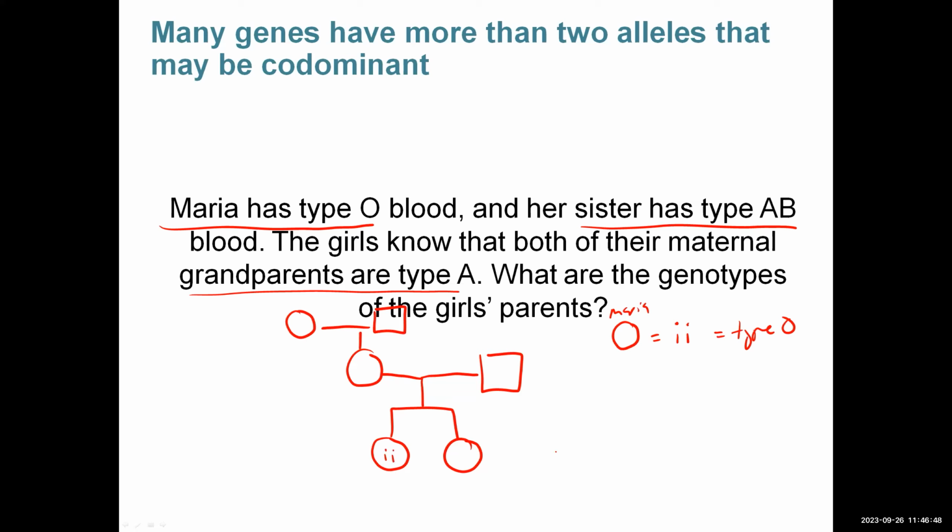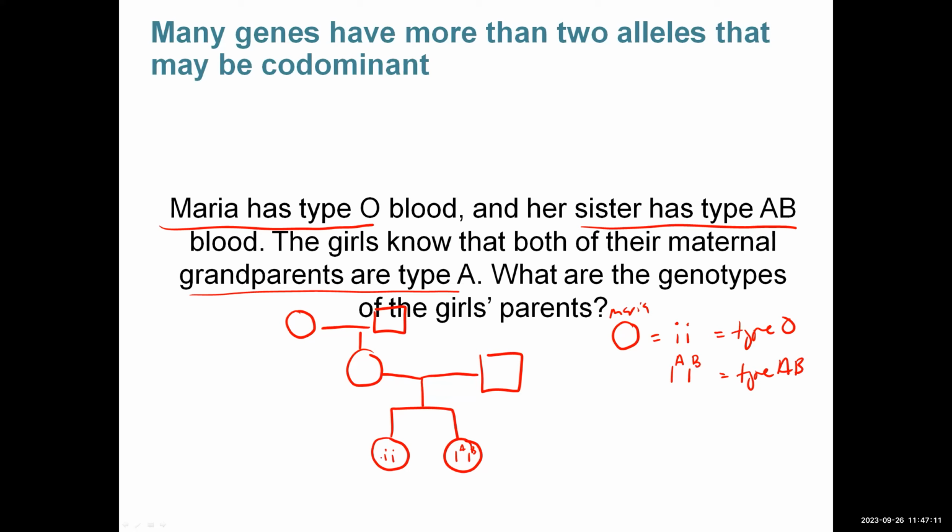We also know that her sister is type AB. To be type AB, she must have one copy of each of the A and B alleles. This tells us that the parents have to be able to give these combinations.